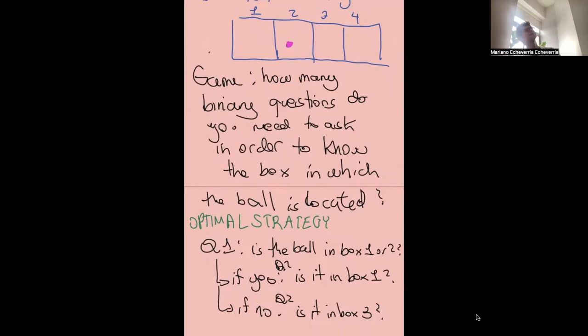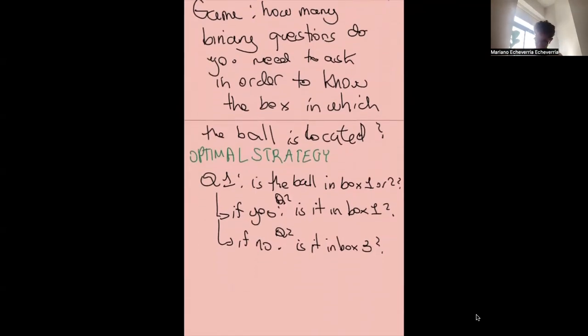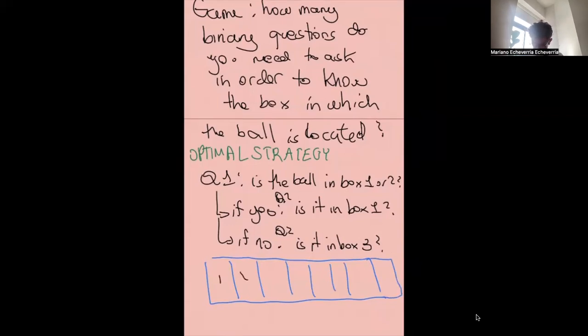So for 8 boxes: one, 2, 3, 4, 5, 6, 7, 8. For 8 boxes, how many questions would we need? Well, first you could ask, for example, is it in the first 4 boxes?